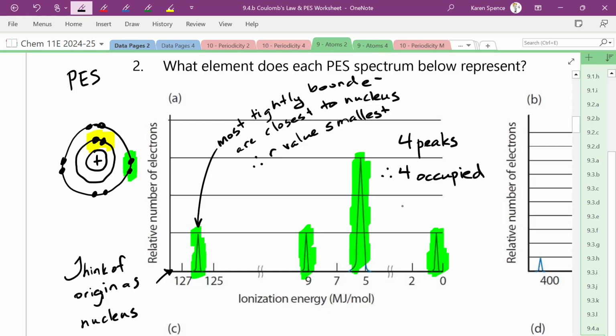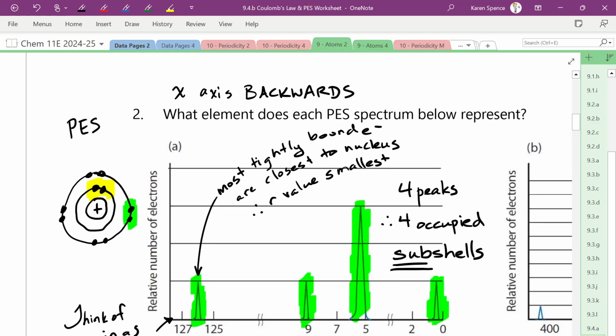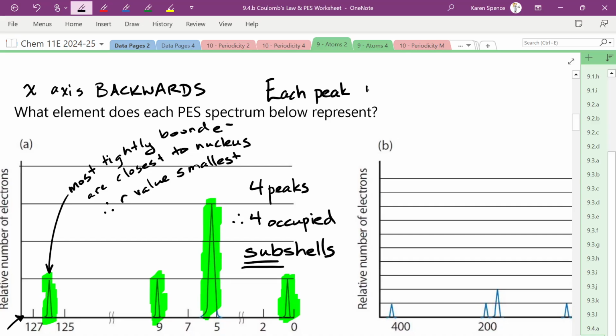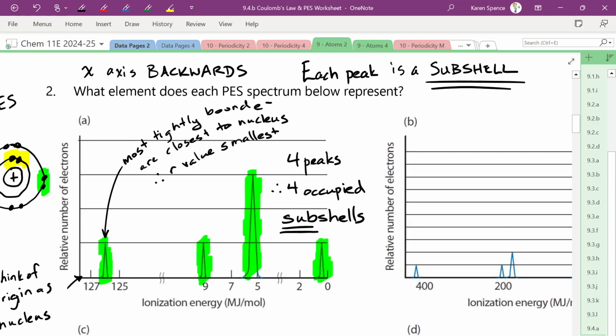A subshell. What does the height of the peak represent? The number of electrons in that subshell.